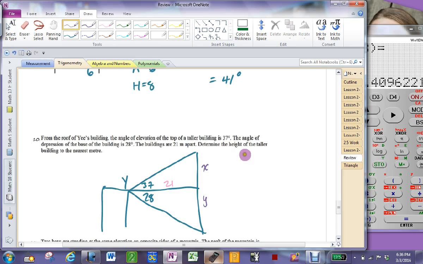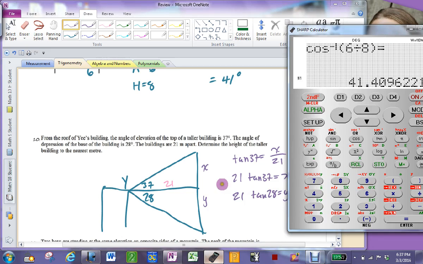So the x is tan 37 equals opposite x over 21. So 21 tan 37 equals x. And then down here, 21 tan 28 equals y. So I just got to add those two.